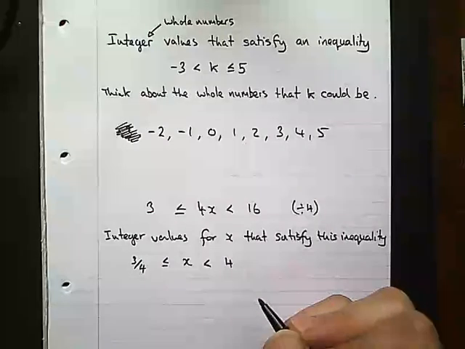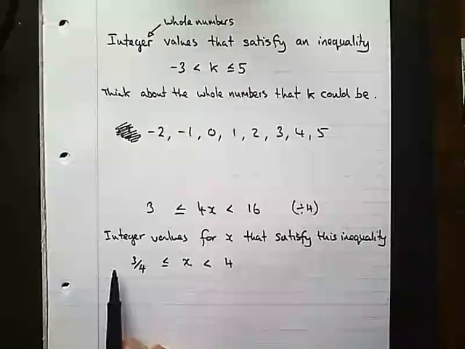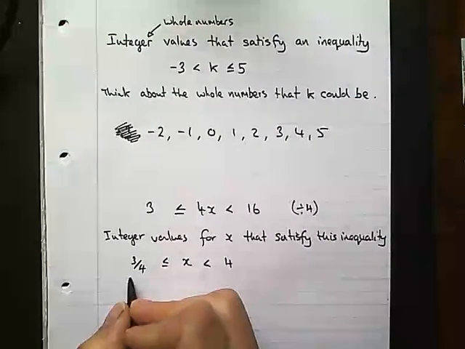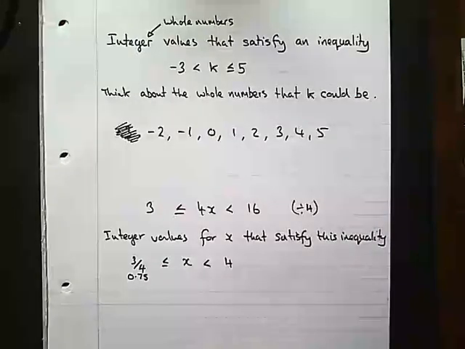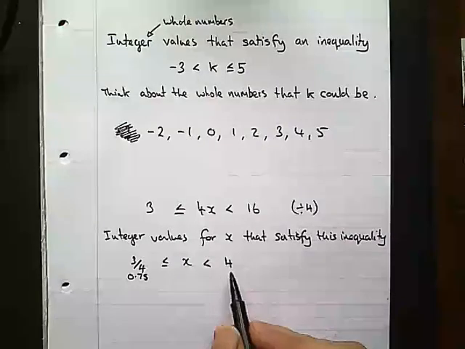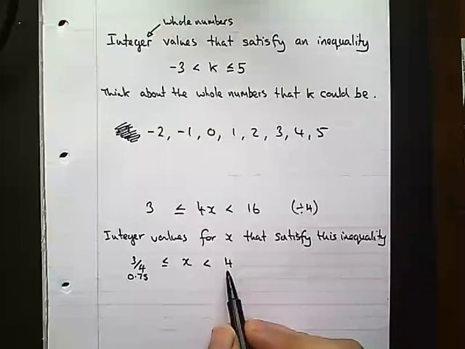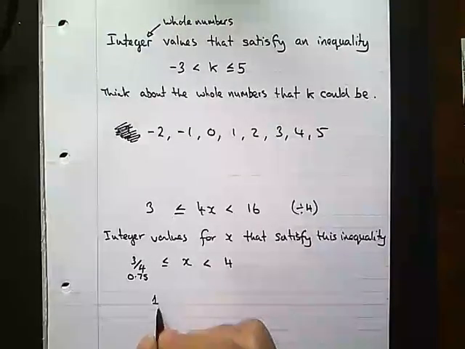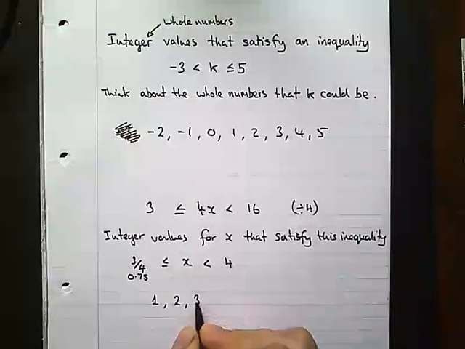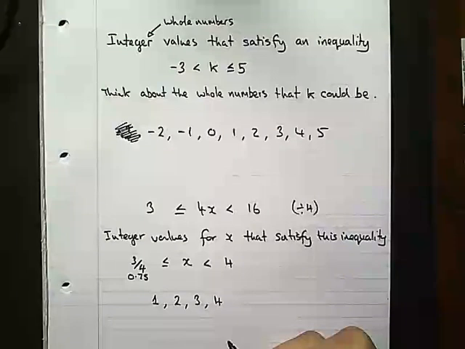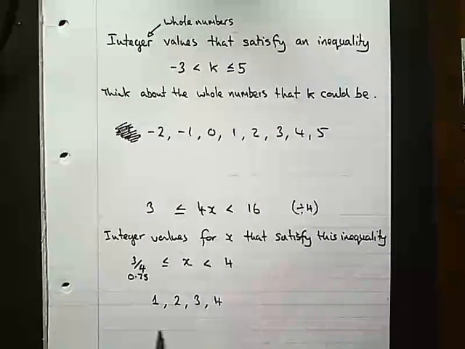So now you need to consider all of the integer values that are greater than or equal to 3/4. Well, 3/4 is 0.75 in decimal. So you need to think about all the whole numbers greater than 0.75 but less than 4. The first integer greater than 0.75 is 1, then 2, then 3, and then the upper bound is 4. Now are we going to include these endpoints?